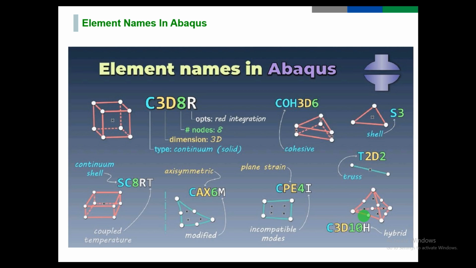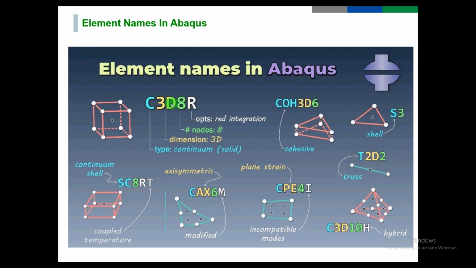The last character is optional and represents additional features. The most common one is R, which means reduced integration.